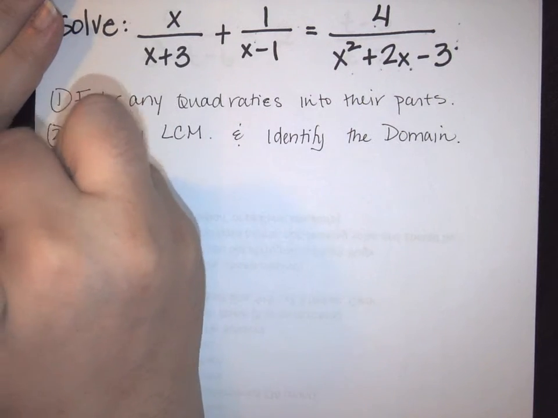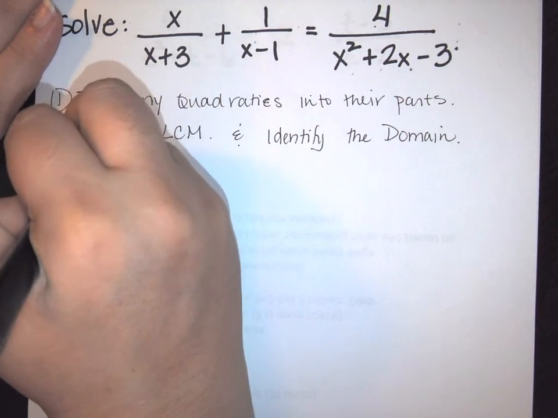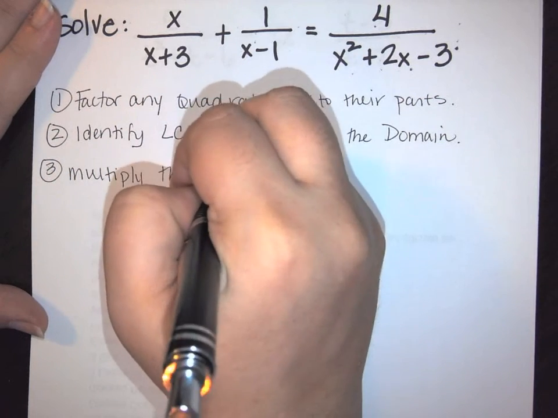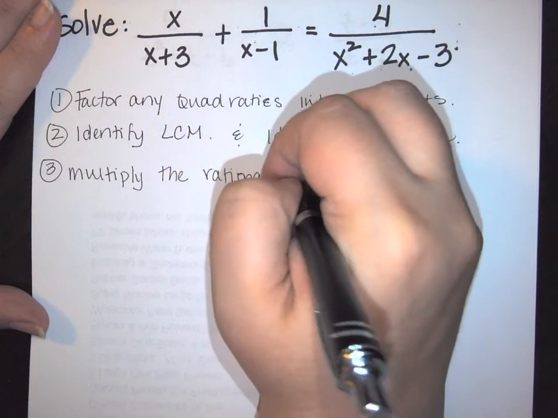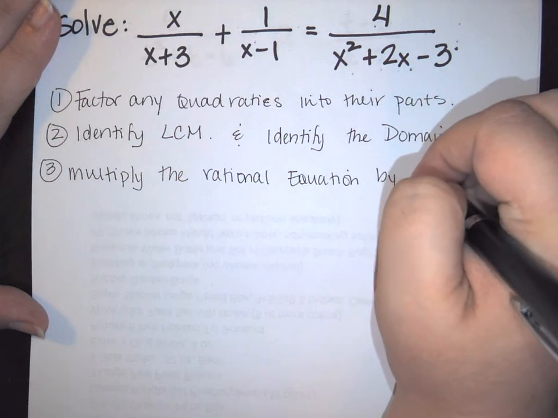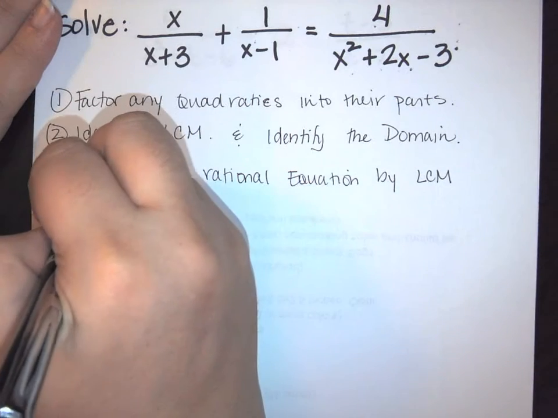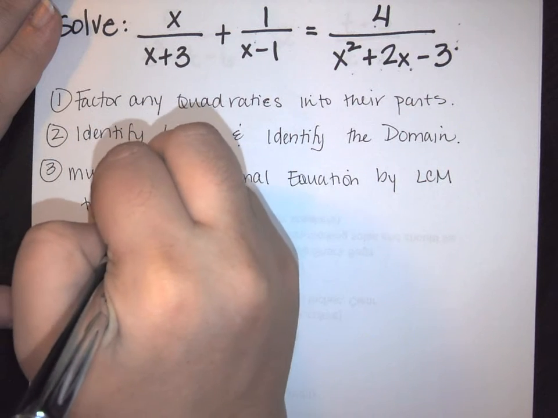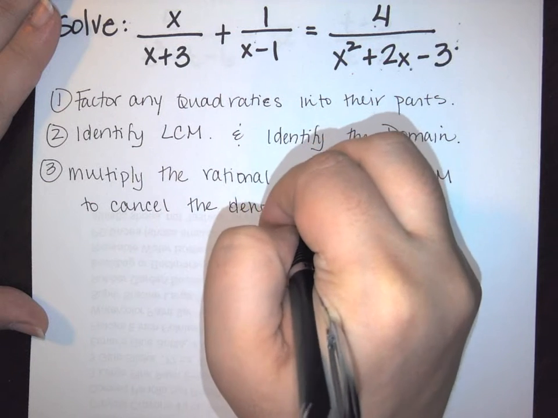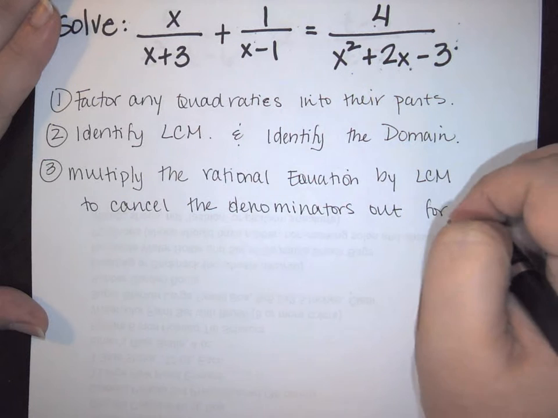Then the third thing you're going to do is multiply the rational equation by that least common multiple, or least common denominator, however you look at it, to cancel the denominators out for solving.